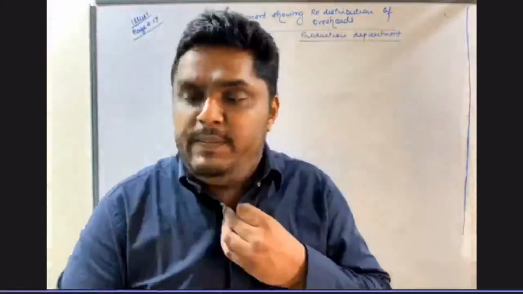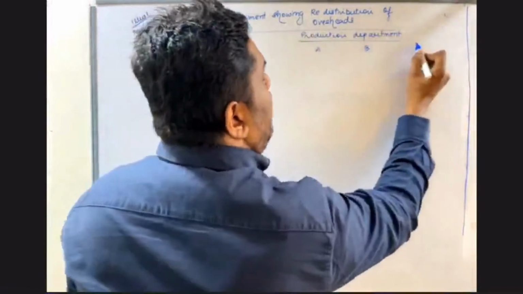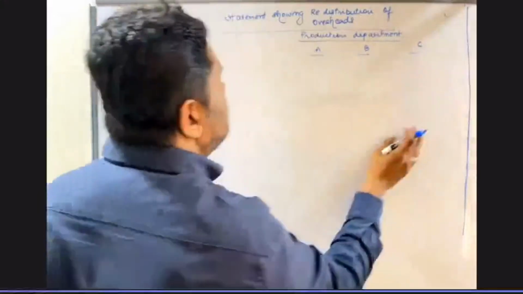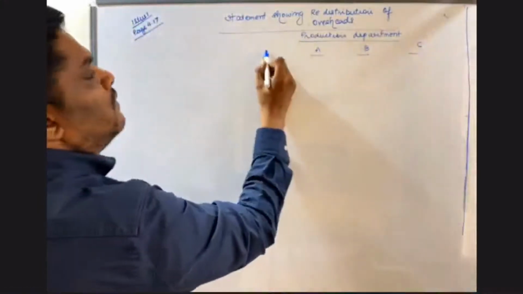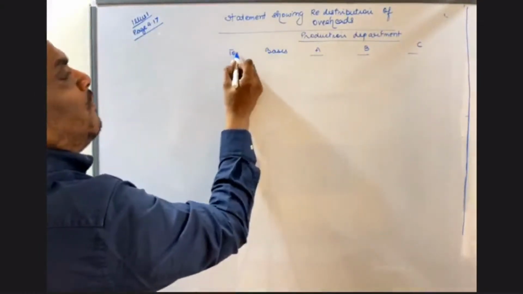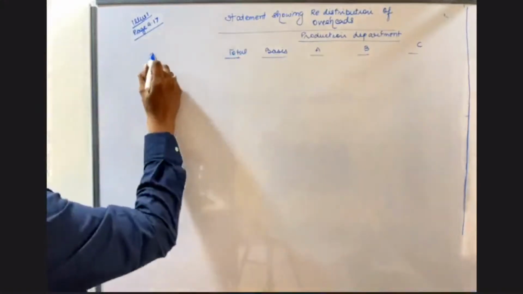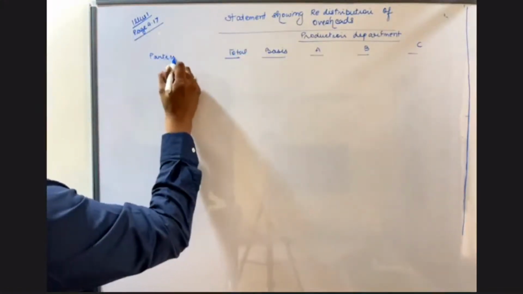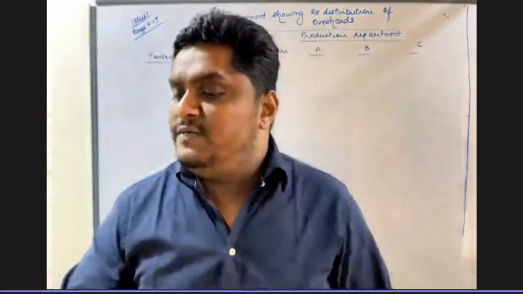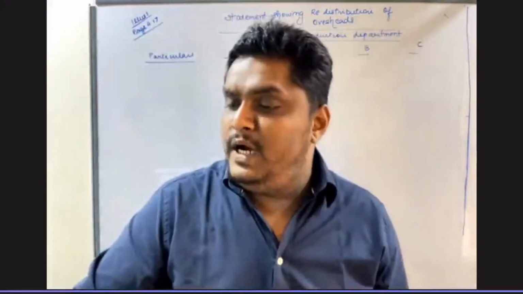There are 3 production departments A, B, and C. So we will distribute the overheads of service departments to the production departments. So there are 4 service departments.